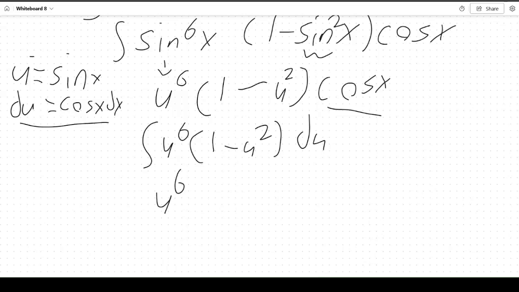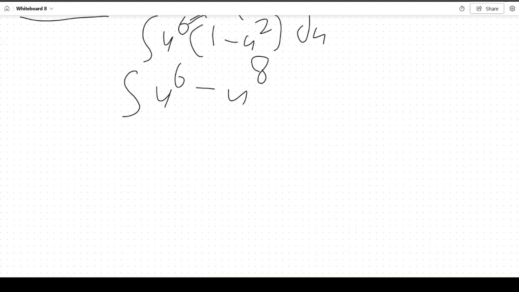So distribute the value. u to the power 6 times 1 is u to the power 6. u to the power 6 times negative u squared is negative u to the power 8. And now we can integrate this. This would be u to the power 7 over 7 minus u to the power of 9 over 9.